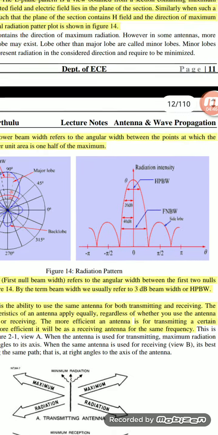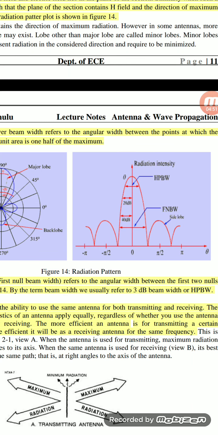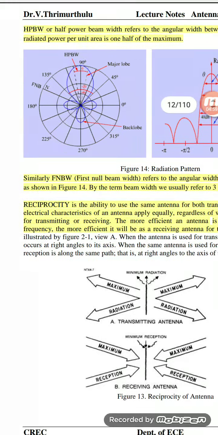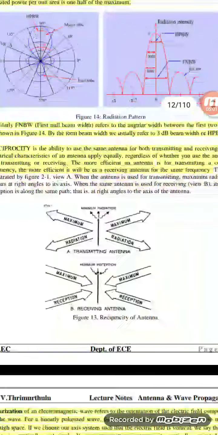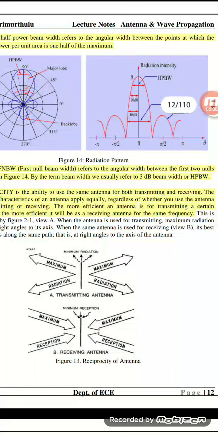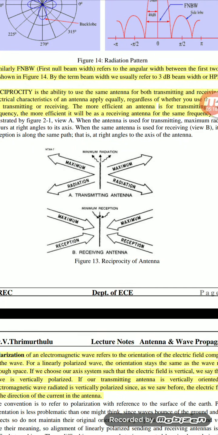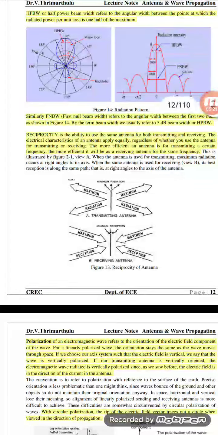See that these antennas have maximum radiation intensity at 0 degrees, with pi by 2, pi, x axis and y axis. The x and y axes depend on the minimum range to the maximum range. The minimum range is 0 degrees and the maximum range is theta. That is the radiation of the antenna.